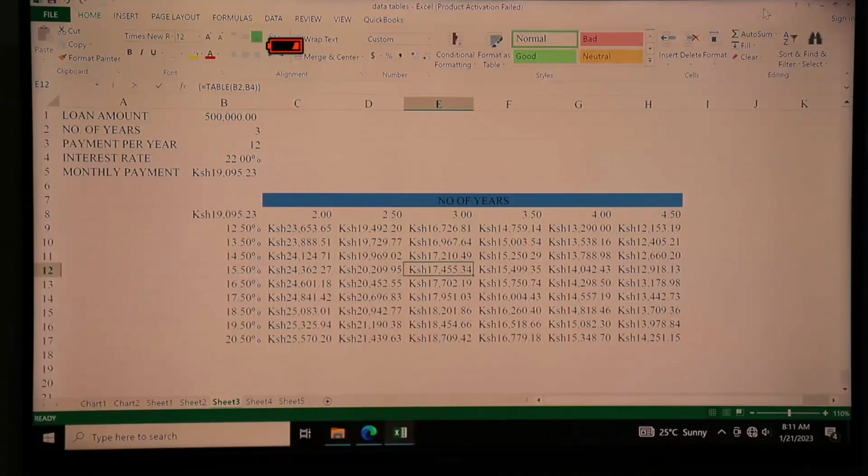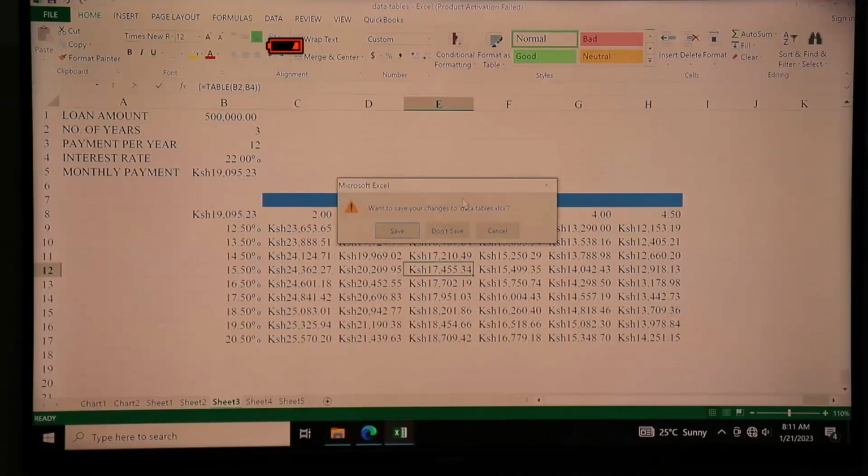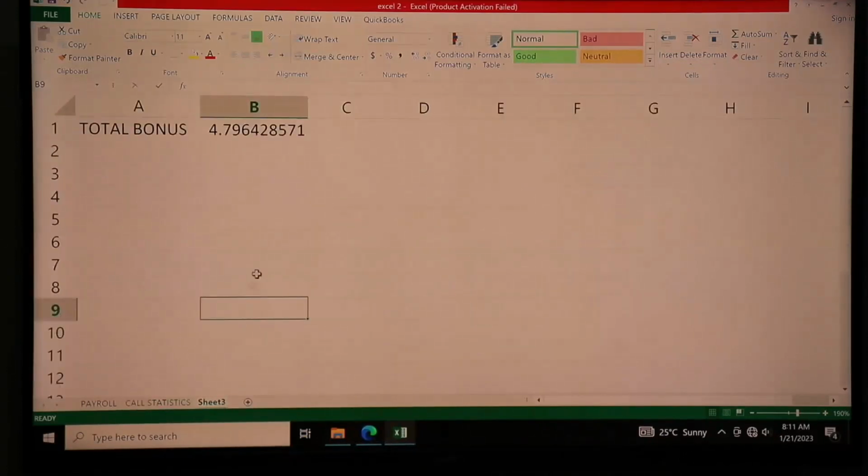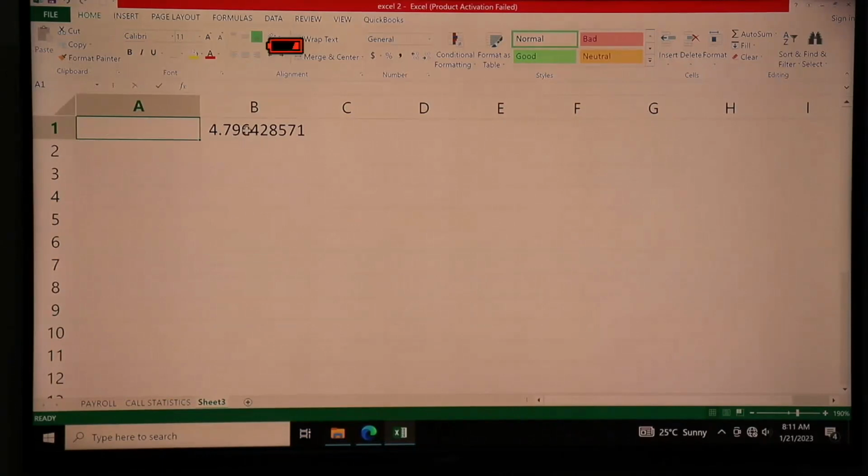I'm going to use a simple example in this exercise. You are given a situation of numbers, just simple numbers. You can try this one in your Excel worksheet. Just type a number 1 here.